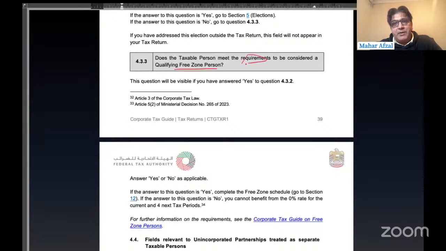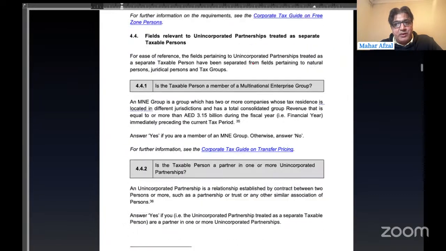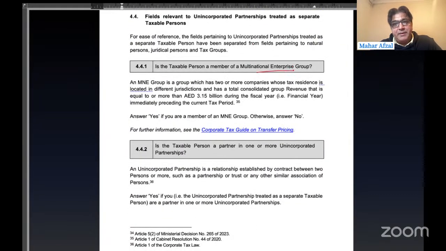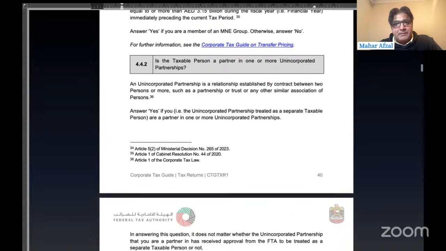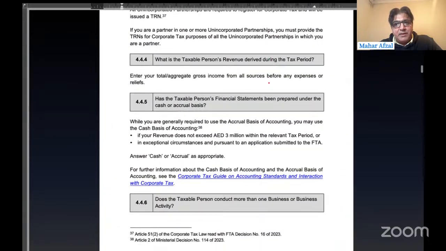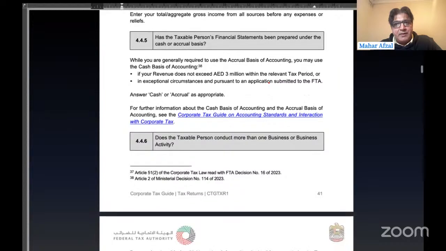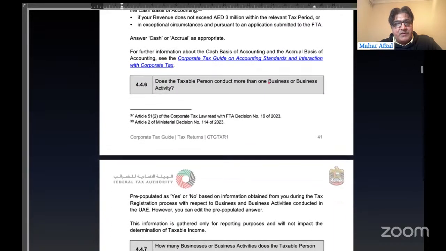Are you meeting the requirement as I mentioned? The sixth requirement, just keep in mind. M&E group requirement, unincorporated partnership. Financial statement we have already discussed in detail.